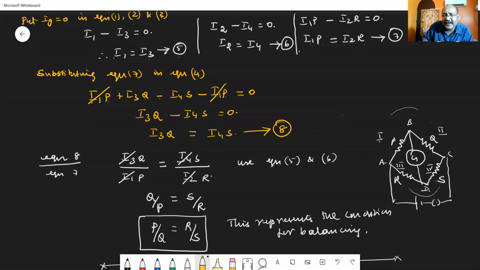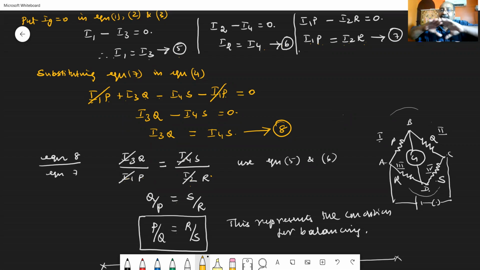From equation 5 and 6, it is clear that I1 and I3 are equal. So I1 and I3 got cancelled. Similarly, from equation 6, I2 and I4 are equal. So I2, I4 cancel. So the remaining that I am getting is Q by P is equal to S by R. Taking the reciprocal, we can get P by Q equal to R by S.